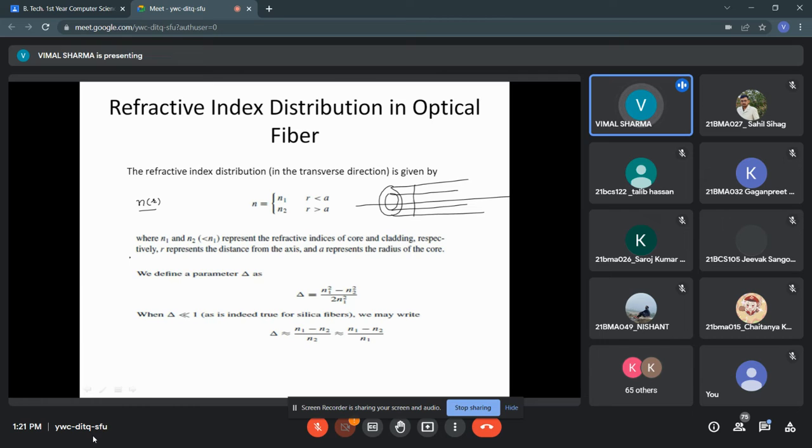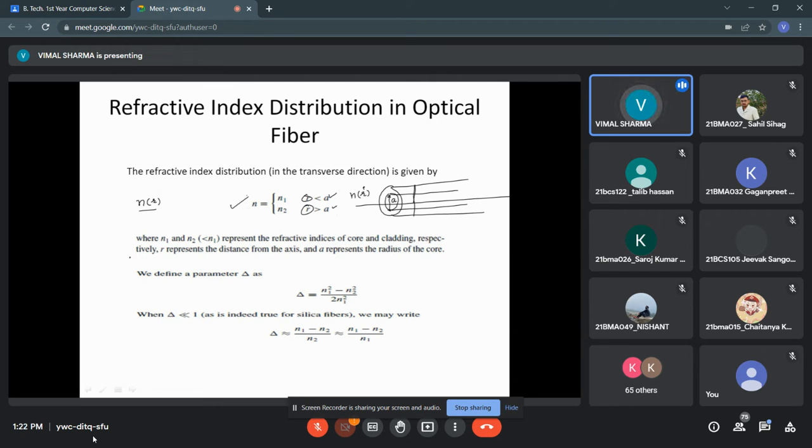So when we move along this transverse direction, this is how the refractive index varies. That's why it is given in terms of r, where a is the radius of the core of the optical fiber.